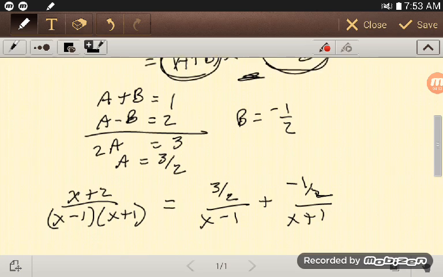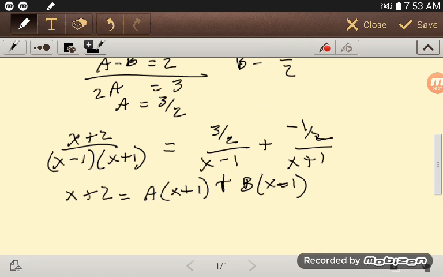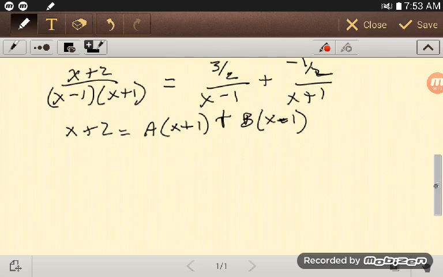Let me rewrite that down here. I've got x + 2 is equal to A times (x + 1) plus B times (x - 1). Okay, so I have those two pieces, and they have to be equal for all x, or the functions aren't equal.